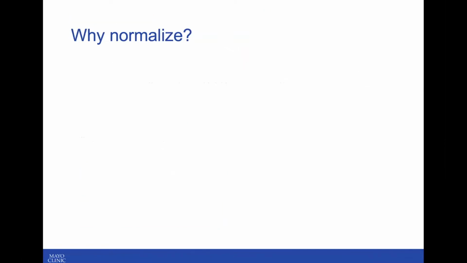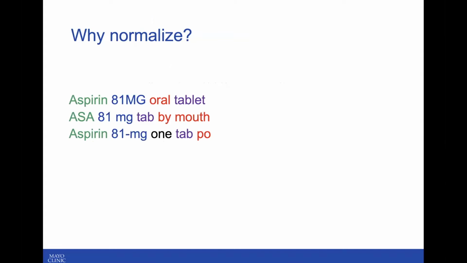Why do we need normalization? Here are some examples of medication descriptions. They are the same concepts, but expressed by different vocabularies and patterns. Like here, oral, by mouth, PO, they all have the same meaning, by mouth. And here it used an abbreviation like TAB. Some expressions use hyphens, uppercase, lowercase, or spaces.